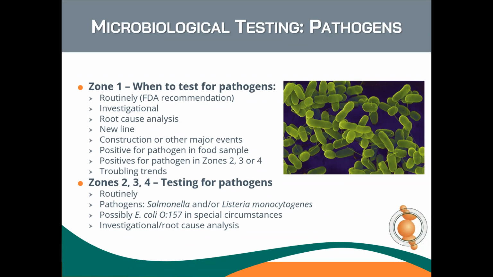And then whenever we find troubling trends from our other aspects of our environmental monitoring program. So that's if ATPs are really high. If you get any very high indicators, that would be a time to do more zone 1 testing for pathogens.